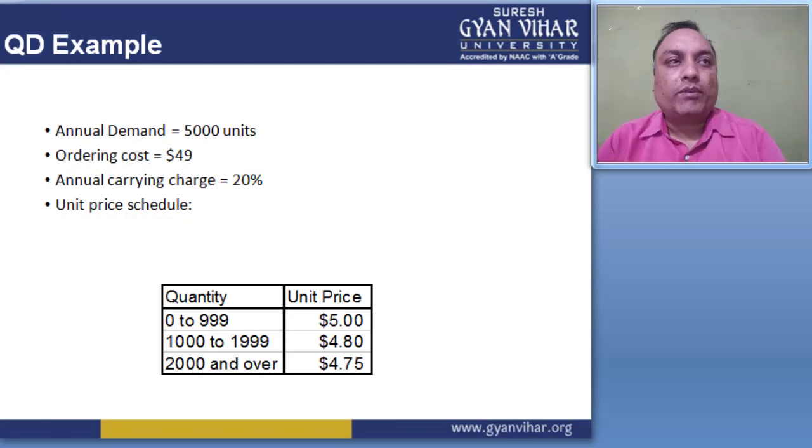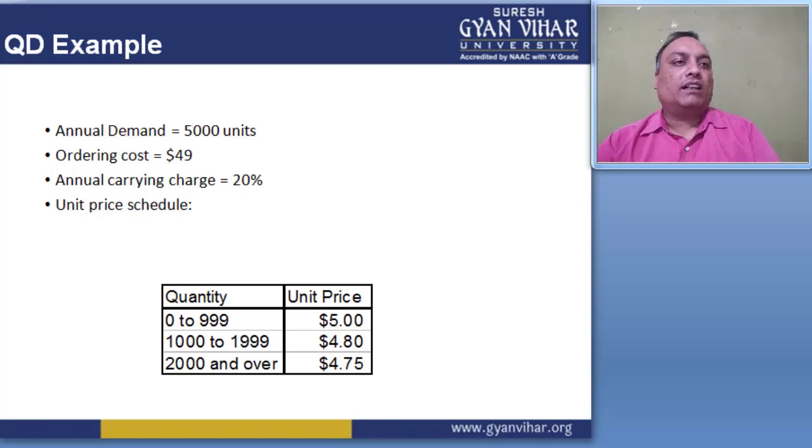Here the annual demand is 5,000 units and the ordering cost is $49. Annual carrying charges are 20%. So this is the unit price schedule. These are the quantities: 0 to 999, the unit price is $5. If the quantity is 1000 to 1999, the unit price is $4.80.